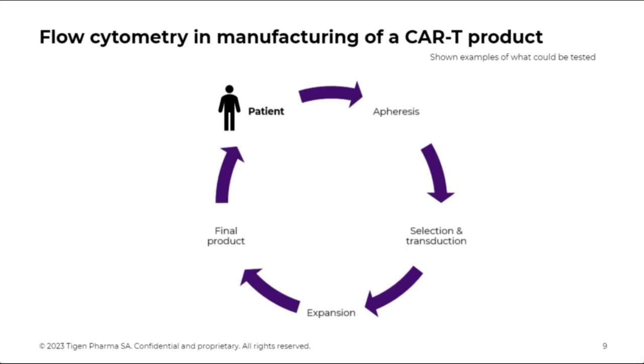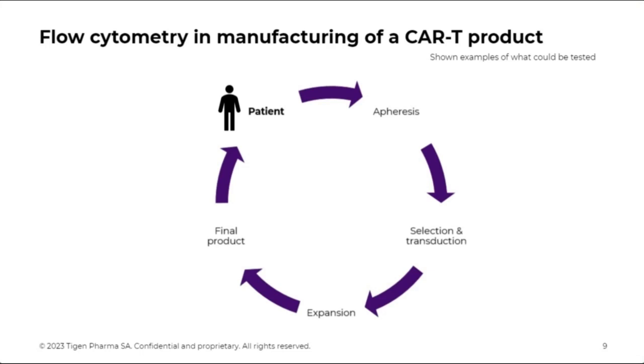All of this information we are using in the manufacturing of T cell therapy. In this example, I'm showing the common manufacturing process pathway of a CAR T product. So we start with the patient up here in the circle. So this would be an autologous product coming from the patient.